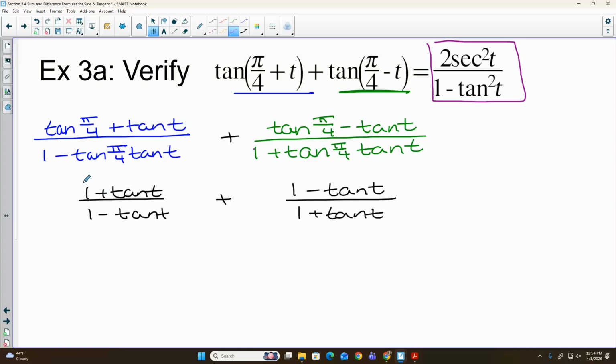Now I would get the common denominator. So this one needs 1 plus tangent. And this one will get 1 minus tangent.